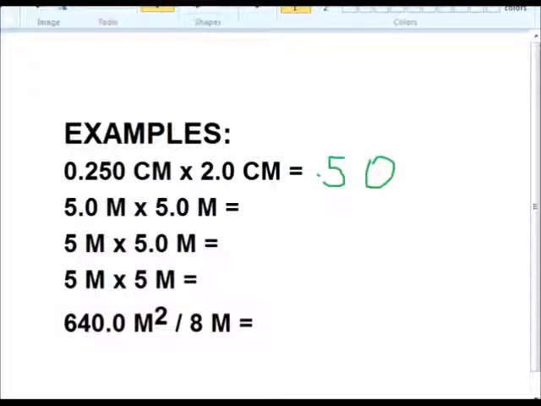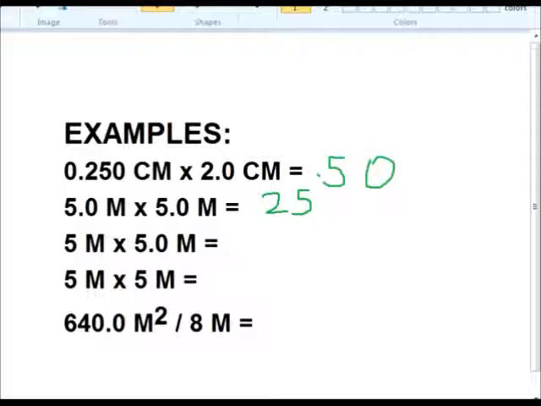Okay, when I look at the second one, 5.0 times 5.0, they both have 2 significant figures, so my answer still has to have 2 significant figures. That works out nicely because 5.0 times 5.0 is 25. The third one is 5, just one significant figure, times 5.0, which is 2 significant figures. So my answer can only have one significant figure, because that's the least number of sig figs.